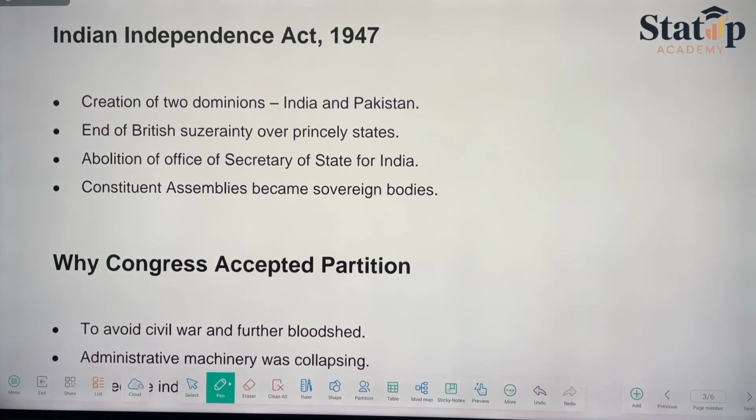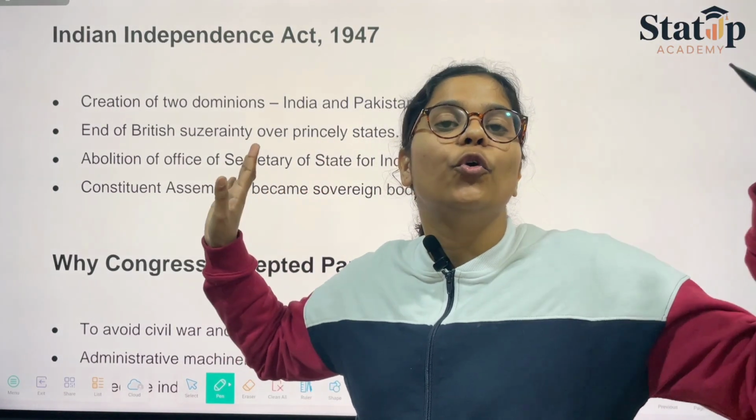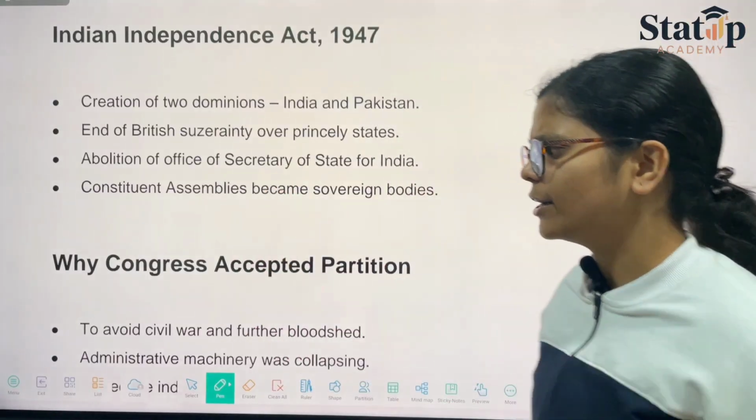Then we have the abolition of the office of Secretary of State of India, and the Constituent Assemblies became sovereign bodies. Sovereign bodies refers to those bodies that would have no rulers, no prince, nothing of that sort.